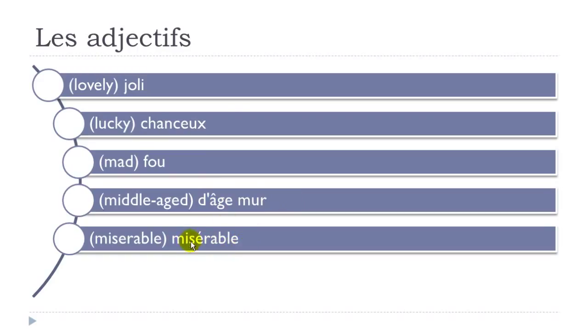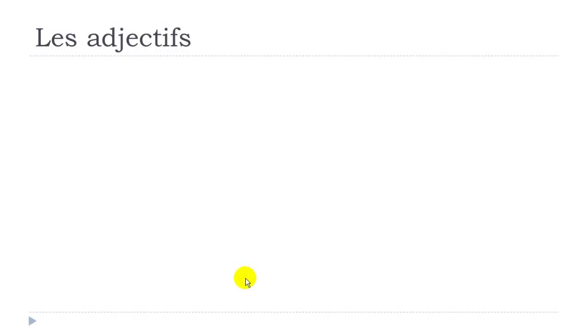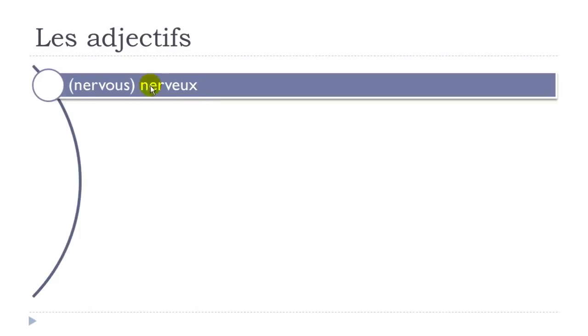Misérable. Okay, don't insist on the final here. You get this bl sound at the end. Okay, because you've got this accent aigu. Rable, misérable. Nécessaire. Don't insist on the final nécessaire. Nerveux.